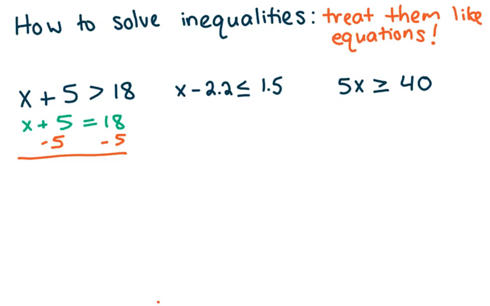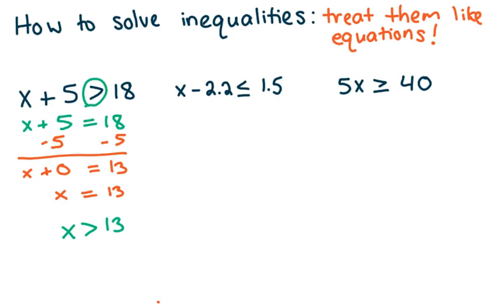Now we have x plus 0 is equal to 13, and we know that x is then equal to 13. But wait a second, Miss Bennett, this was never an equation to begin with. You're right, it was always an inequality. So instead of x is equal to 13, we're going to copy that inequality symbol: x is greater than 13.